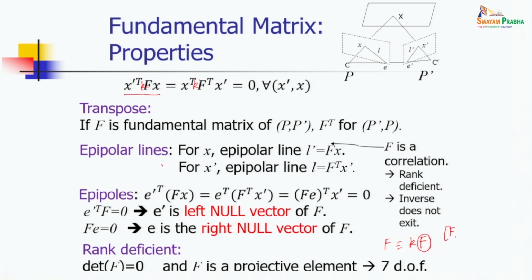Since it's an element of projective space and the dimension of F is 3 cross 3, there are 9 elements in F. But due to the scale factor, like other cases of homography and the projection matrix, the fundamental matrix also lets you express all other 8 elements in proportion to one of the elements.